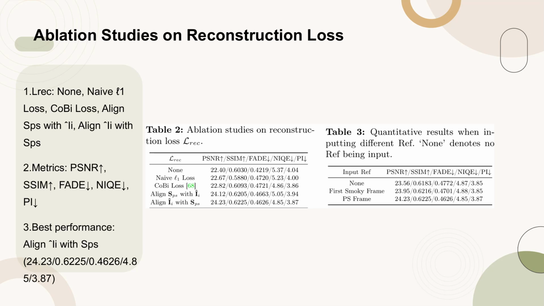Each method is evaluated using several metrics: peak signal-to-noise ratio, PSNR, structural similarity index, SSIM, fog aware density evaluator, FADE, naturalness image quality evaluator, NIQE, and perceptual index, PI. The best performance is achieved by aligning I with SBS, which yields the highest PSNR and SSIM values, and the lowest FADE, NIQE, and PI values.